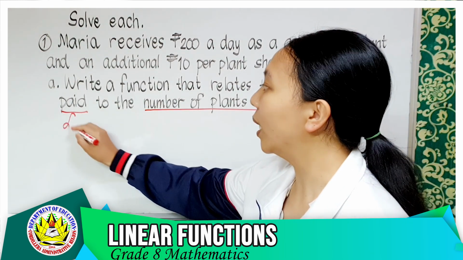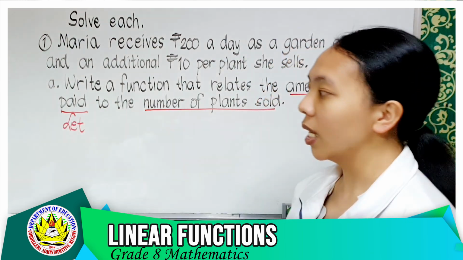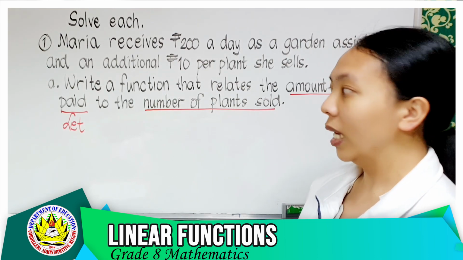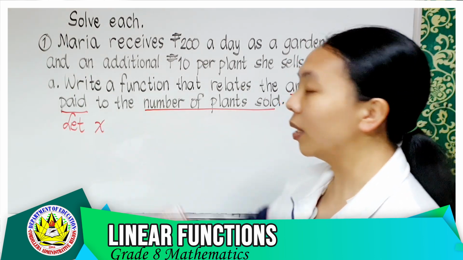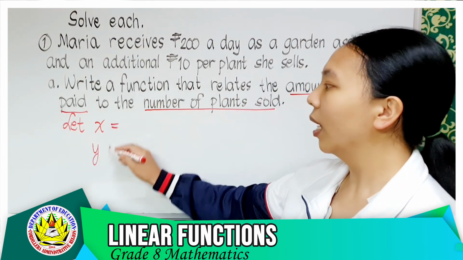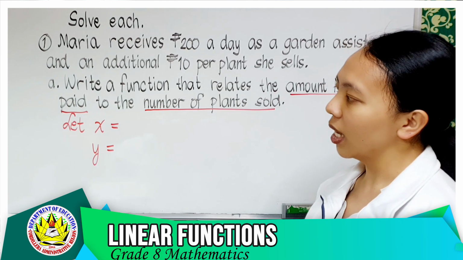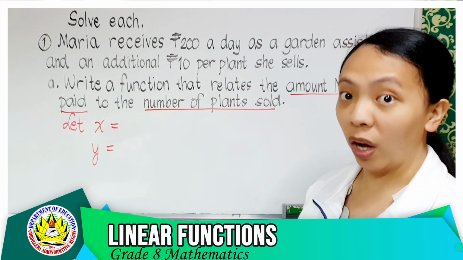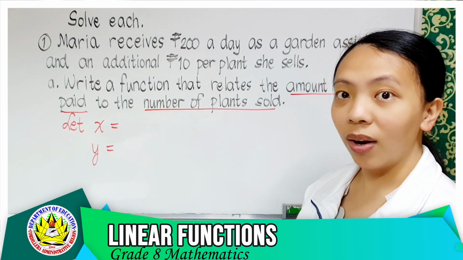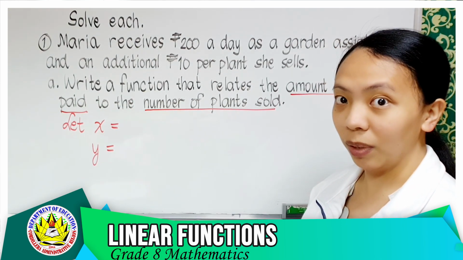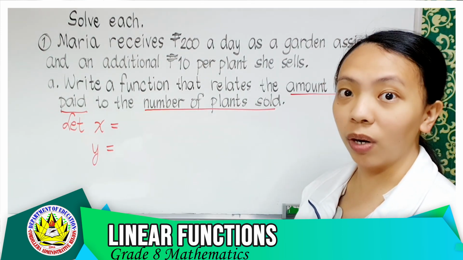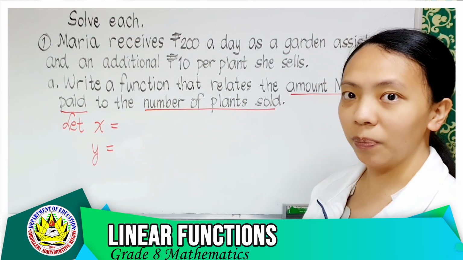So, we let each quantity be represented by a variable. Let us have the variable x and the variable y. Usually, when we talk about functions, x is our independent variable, while y stands for our dependent variable.